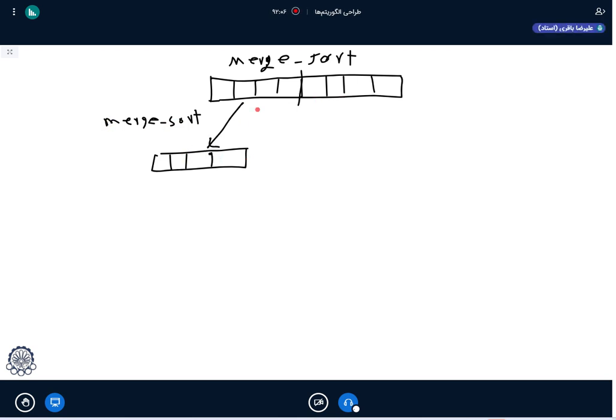When we call merge sort for the first 4 numbers, inside this function call, again two function calls are made, one for the first part and the second for the second part. So we call merge sort on the first 2 elements.